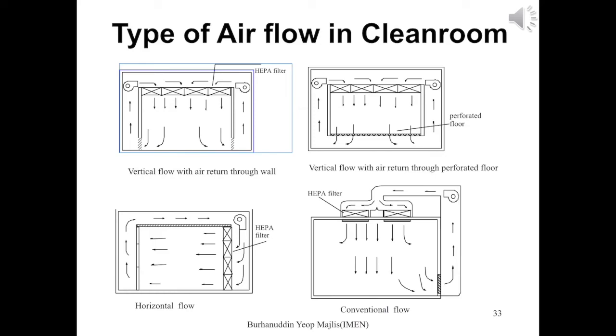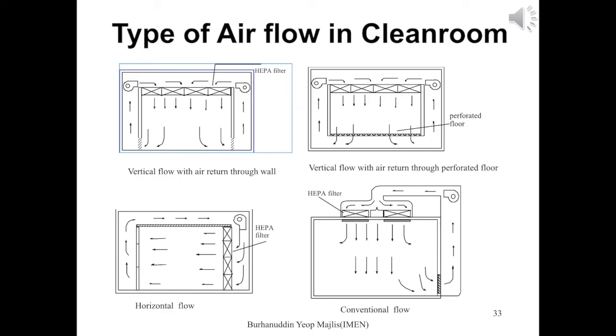The first, on the left on top, is the vertical flow, but the return air will flow through the wall. If we don't have enough space to make a perforated floor, we can do that at the wall. We can have a filter so that the air flows vertically, and then at the bottom near the floor, it flows through the wall.